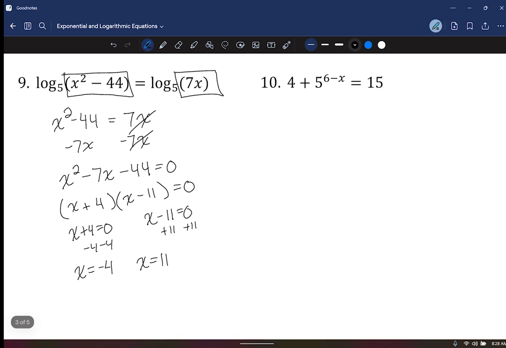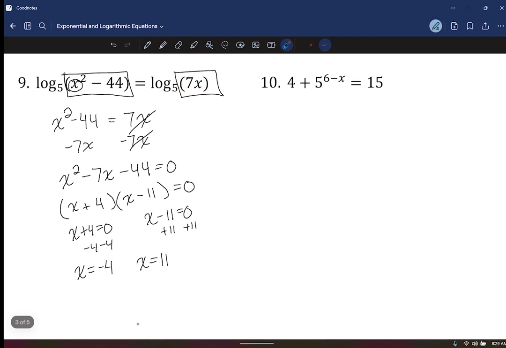So I have to think to myself, if I plugged in negative 4 here, that would give me negative 4 squared minus 44, so 16 minus 44. Is that a problem? Yes, it is. That gives me a negative number. Also, if I plug in negative 4 here, I have 7 times negative 4.